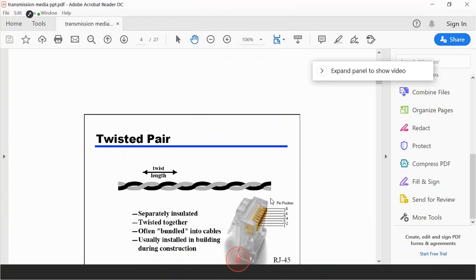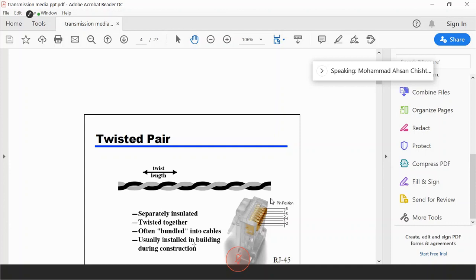The good thing about this twisted pair is that it used to run several kilometers without amplification. Now, if you needed to amplify this, a repeater has to be used in order to amplify it. Common application, I said, is telephone. It was used for analog previously.